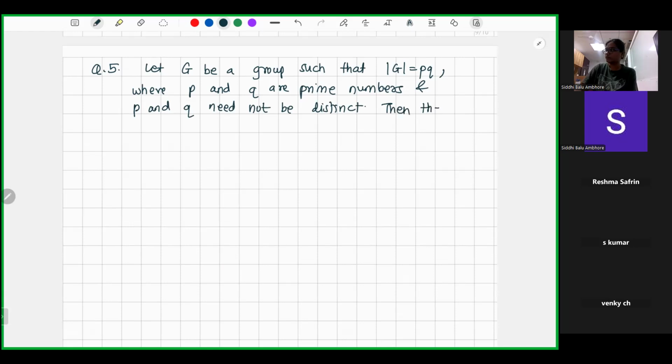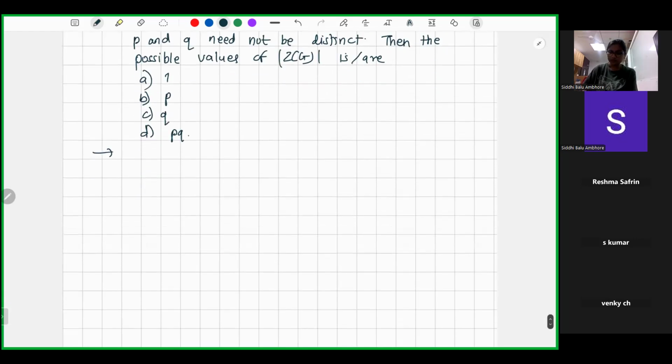Then the possible values of the cardinality of ZG are: A is 1, B is P, C is Q, and D is PQ.